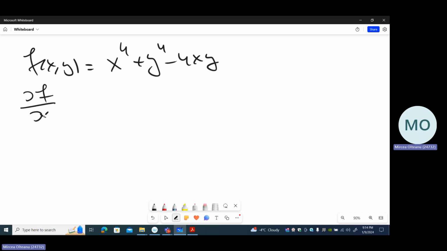Again, we compute the partial derivatives. This time we shall make a complete computation.